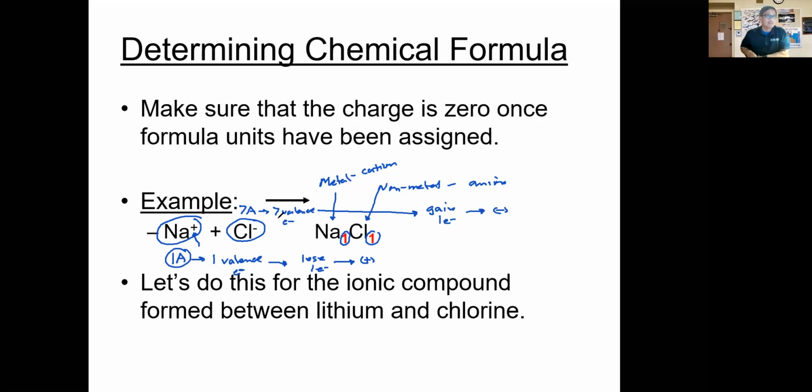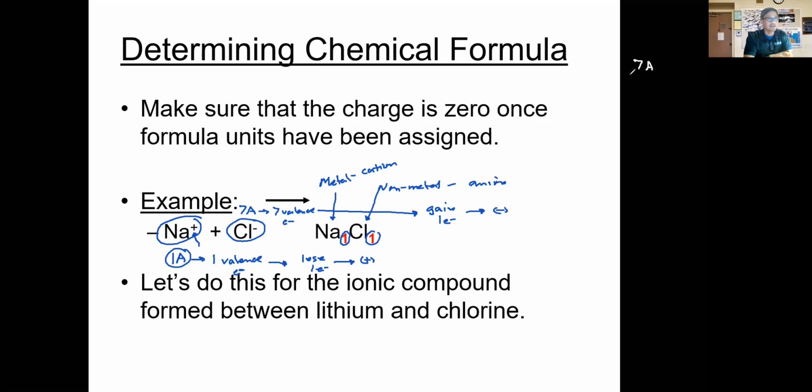Now, there is a shortcut method that you can use to do this as well. With the metals, their group number will tell you how many electrons are lost and thus their charge. With the nonmetals, their group number can help us. So for example, let's take a look at the 7A, which are the halogens.